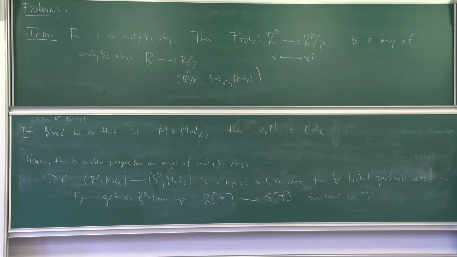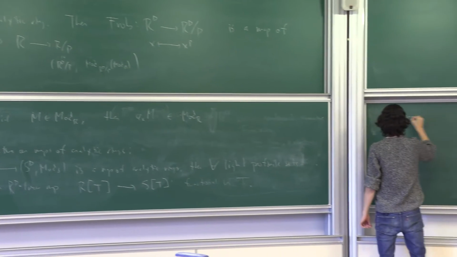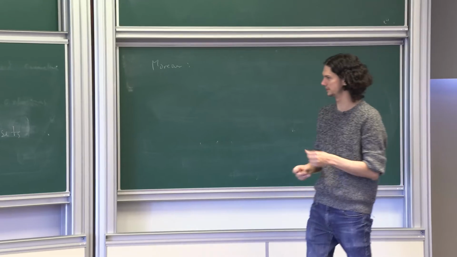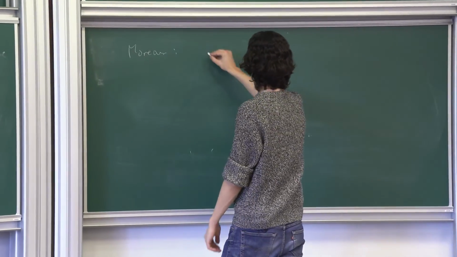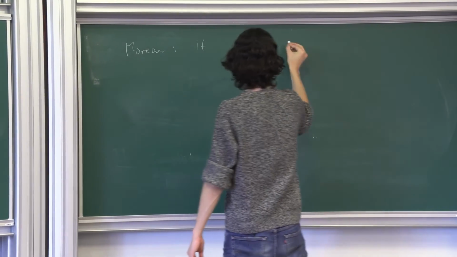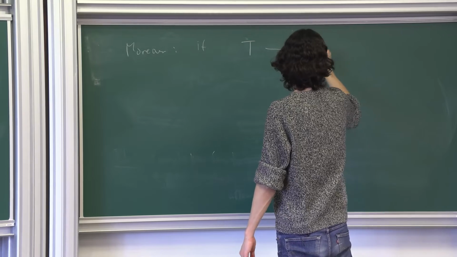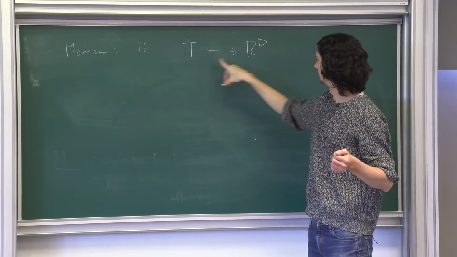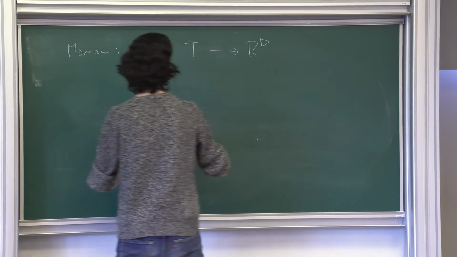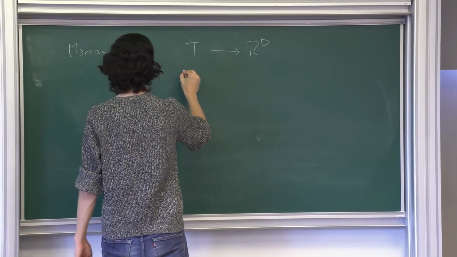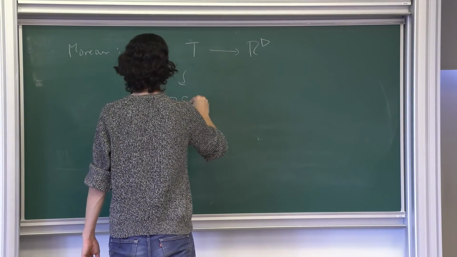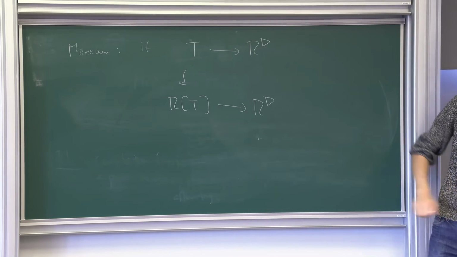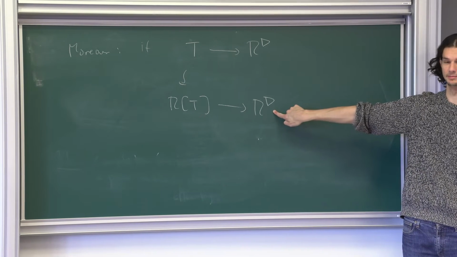Moreover, these aren't quite arbitrary. There's an extra condition that in particular is satisfied by them. So if you do have a map of condensed sets from T to R triangle, then there's two things you can do. One, you can make an R-triangle linear map from R bracket T to R triangle, because by definition of analytic ring, this thing is complete.